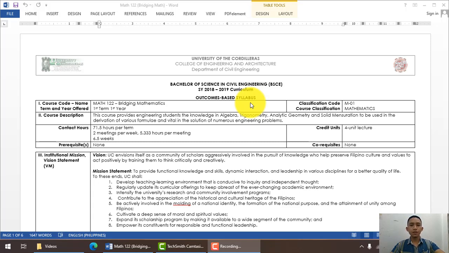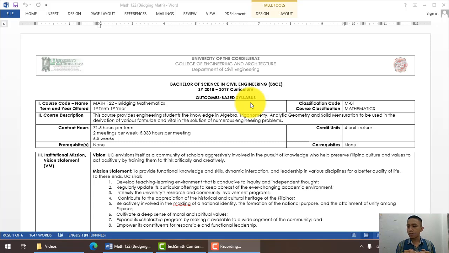But if you came from a different strand, then you need to take this mathematics, because these are mathematics subjects that are a part of the STEM strand. So if you are not from STEM, then you need to take this one before starting on the mathematics of engineering. Okay, since in engineering we will already be starting directly into calculus.